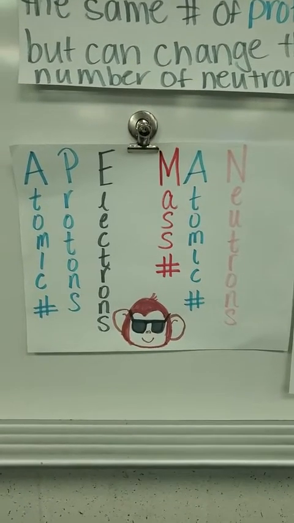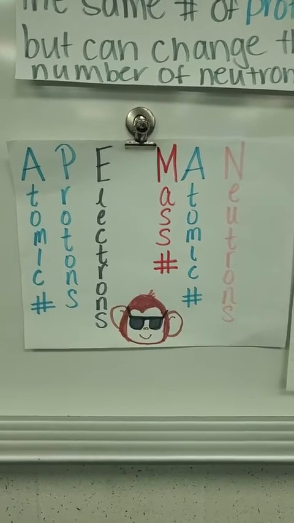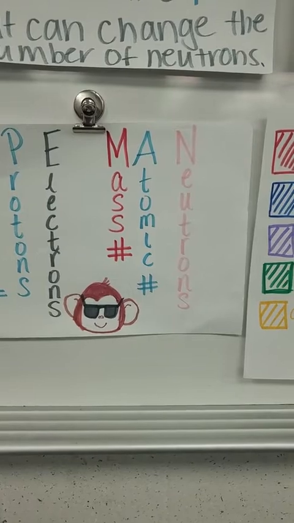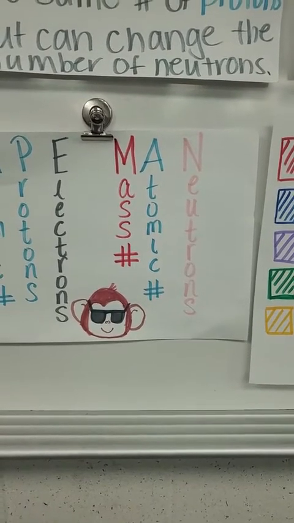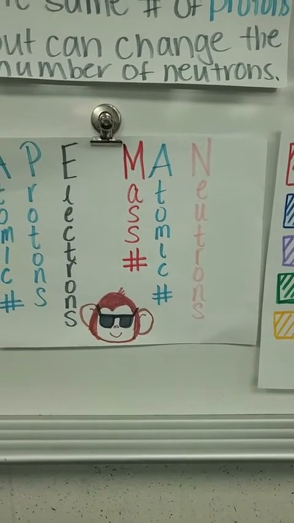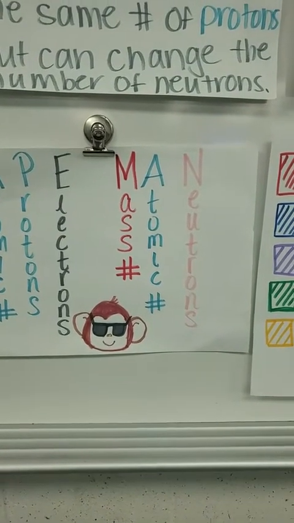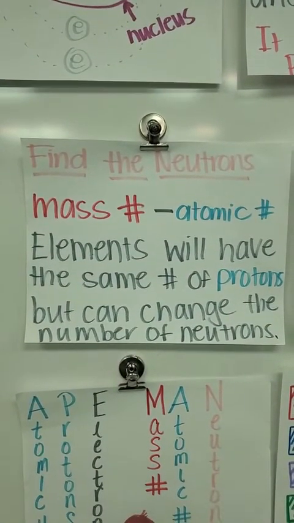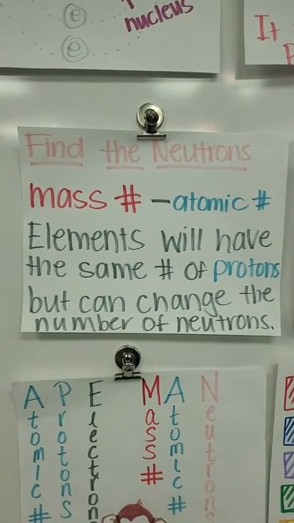If we have an ion, your number of electrons will change. Your mass number, remember, is our atomic number plus our number of neutrons. So we can rearrange that to find our number of neutrons if we need to. That's why we said mass number minus atomic number is how many neutrons we have.